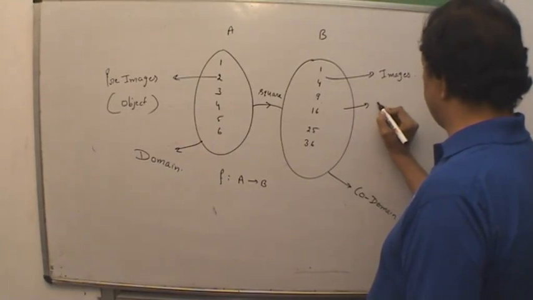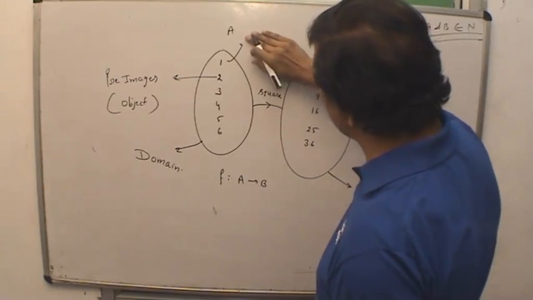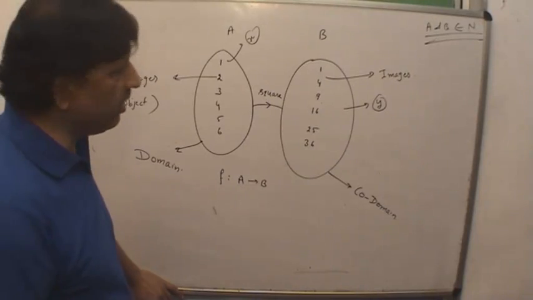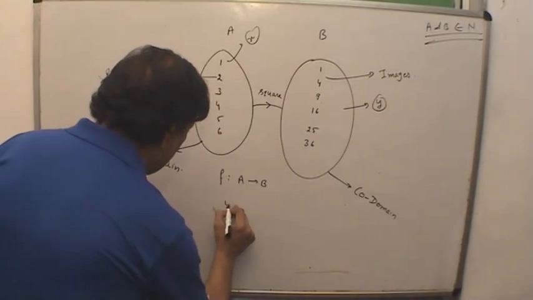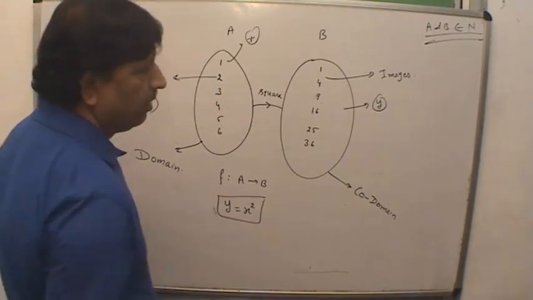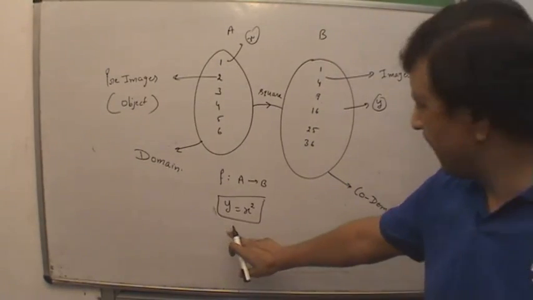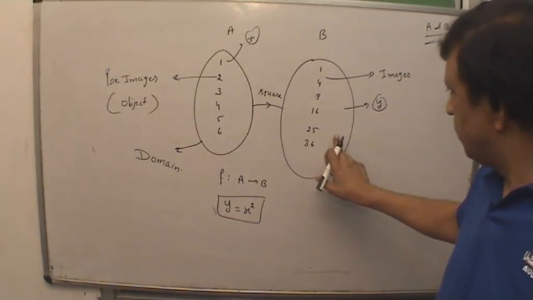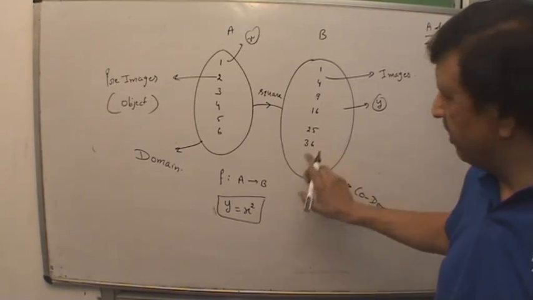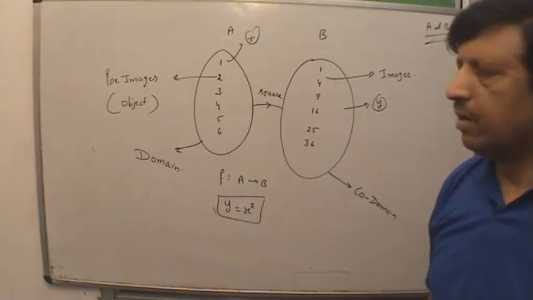The elements of this set we denote by y, and these elements we denote by x. Then we define the function f from A to B such that y is equal to x square. It is a function. It means every member in the codomain is the square of every member in the domain.